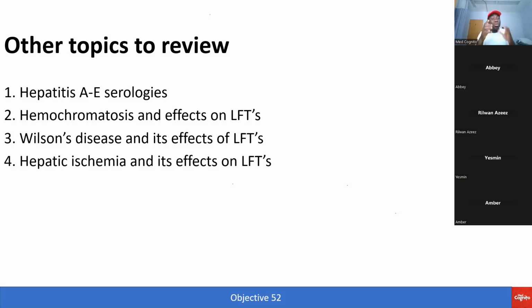These are the things I want you to actually master, aside from all that we've talked about: the ratios, and the conditions which lead to excessive liver enzyme elevation, more than 1,000, like hepatic ischemia and medications like acetaminophen. I want you to learn all these as well. Hemochromatosis, Wilson's disease, hepatic ischemia, hepatitis A to E serologies. Okay.